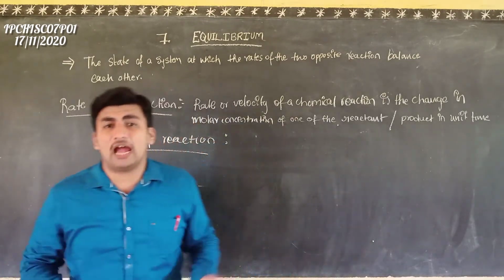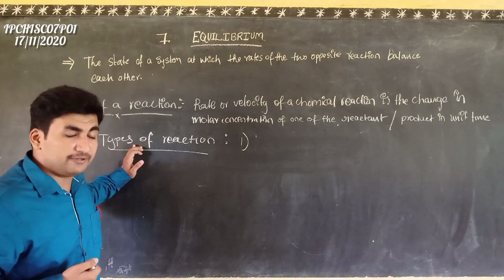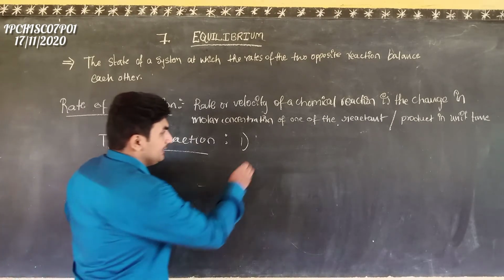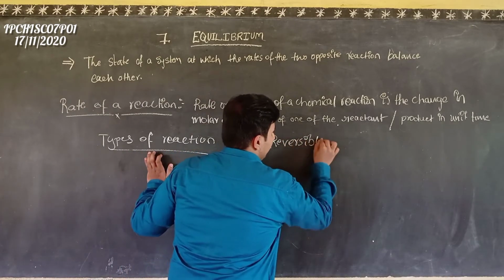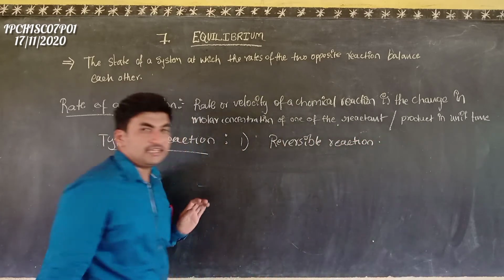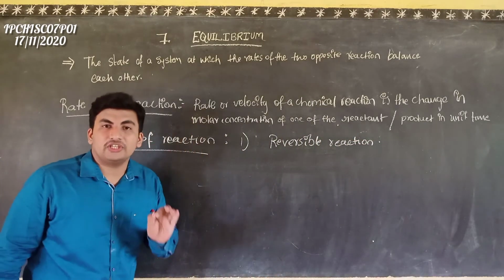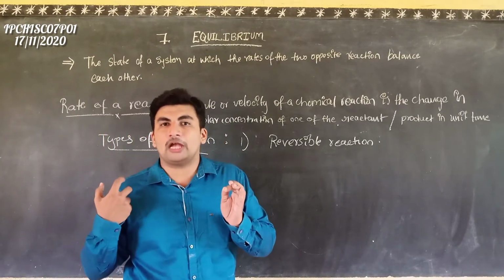See, there are two types of reactions. One is reversible reaction. The reaction which occurs in both forward and backward directions.